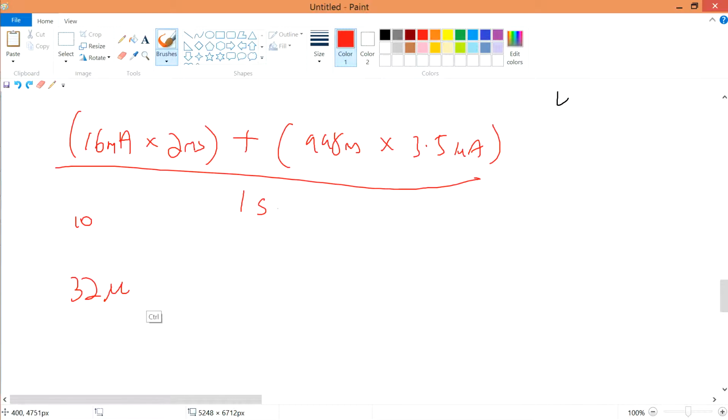The SI unit is in terms of ampere second, because there is ampere and there is second over here. Plus 998 times 3.5. So 998 times 3.5, I will have 3493. In this case I should round it off as 3500 times milli, this is millisecond, multiplied by micro.